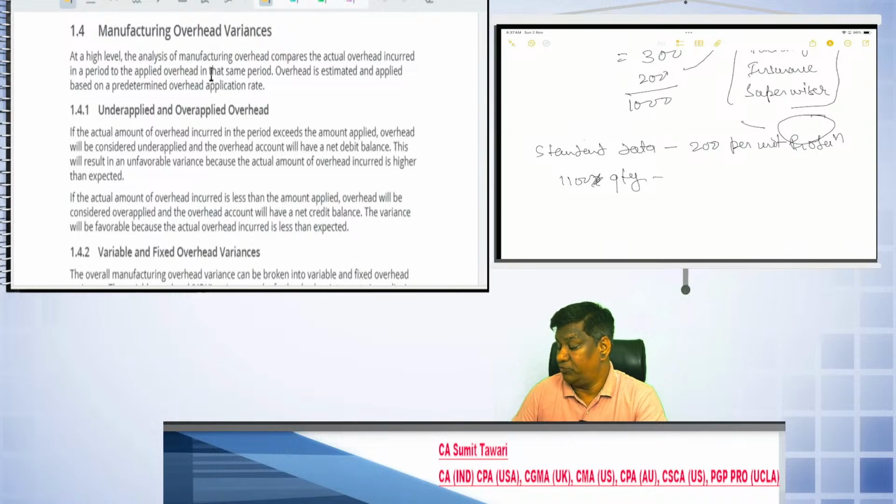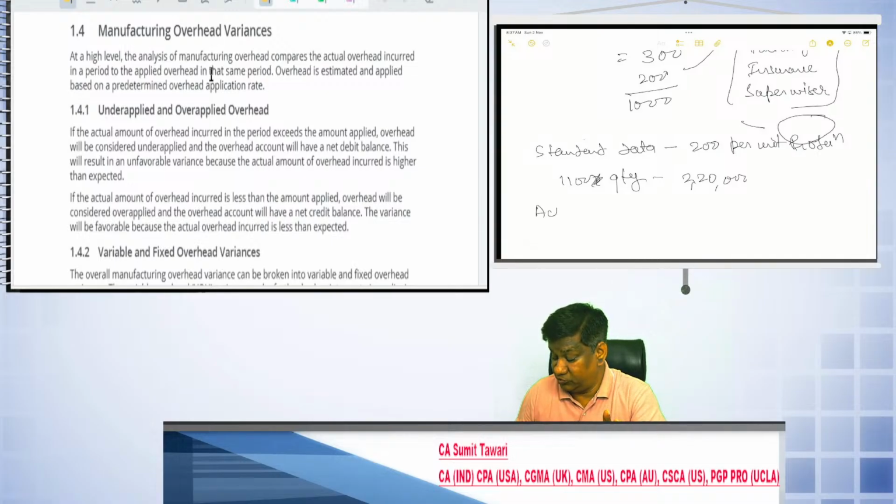So total production overhead I can apply is 2,20,000. Clear? Meaning that I apportion or allocate it to the cost of units produced. So it is 2,20,000.